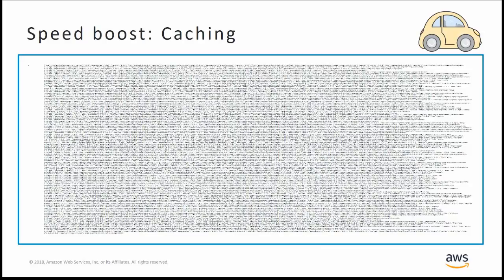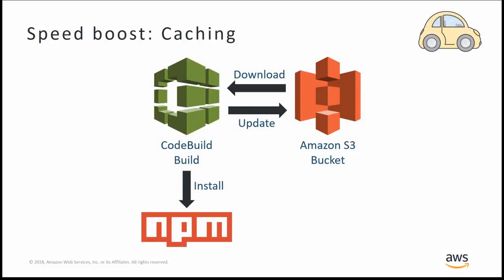So in CodeBuild, your build has a fresh environment every time in a Docker container. And so you have to re-download your dependencies every time, which you don't normally have to do on your laptop, for instance. So caching can help to reduce this time quite a bit. With caching, you store some of your dependencies or any other assets that you want to cache. CodeBuild will store them for you in S3.